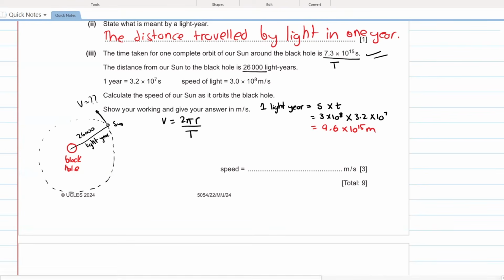What will be the distance of 26,000 light years? 2 pi will remain like this, and the distance of 26,000 light years will be 26,000 times 9.6 into 10 raised to the power of 15. What is your time period? Time period is 7.3 into 10 raised to the power of 15.